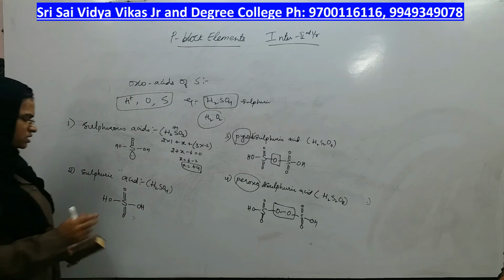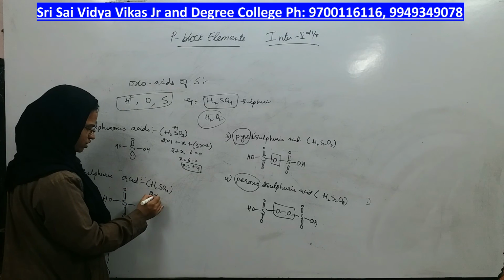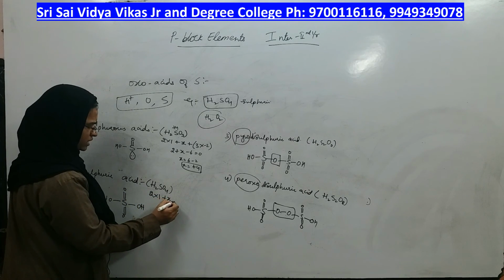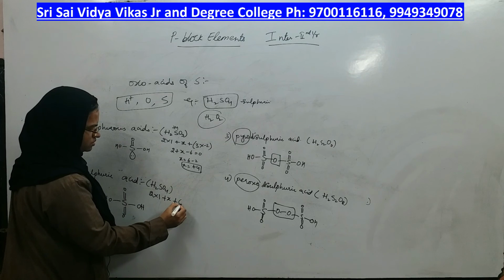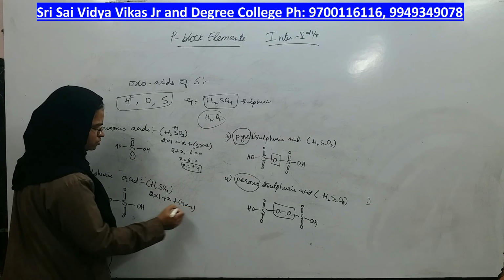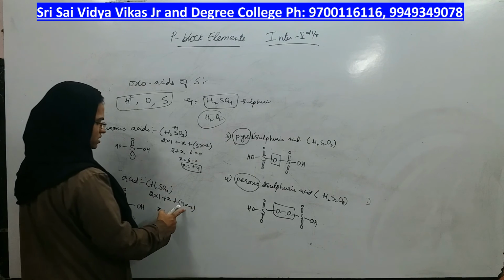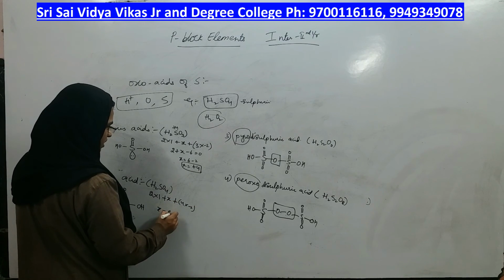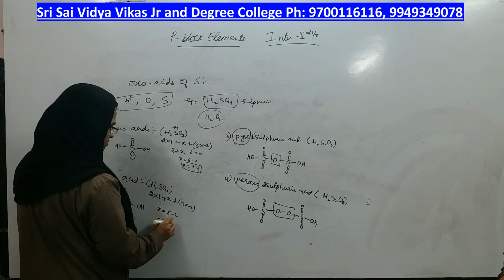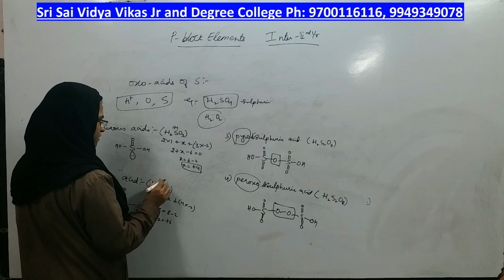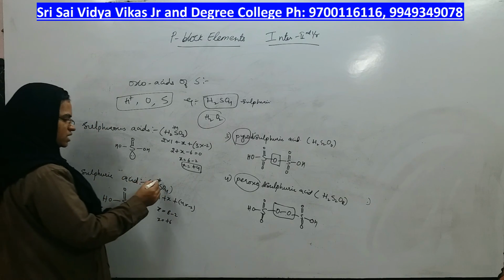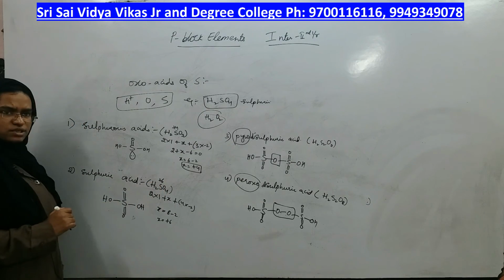Shall we go to the next? Here also 2 into 1 plus X plus 4 into -2. What do you get in the end? X is equal to 4 to the -8 becomes +8. 8 minus 2. X is equal to +6. So on sulfuric acid, the oxidation state of sulfur is +6.